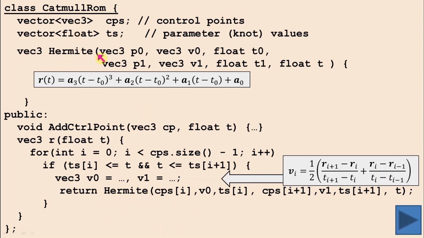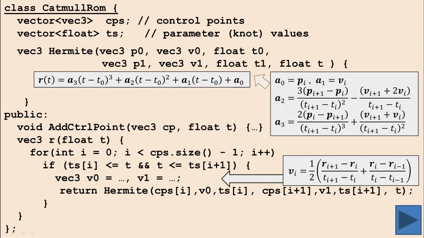The Hermite function is here, that gets the starting point, starting velocity, the parameter at the starting point, ending velocity, and the parameter at the ending point, as well as the parameter t for which this cubic polynomial should be evaluated. The cubic polynomial has 4 coefficients which are computed according to the Hermite interpolation formula.